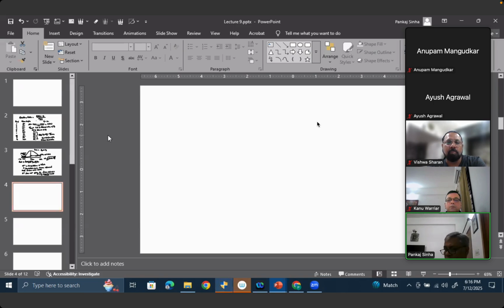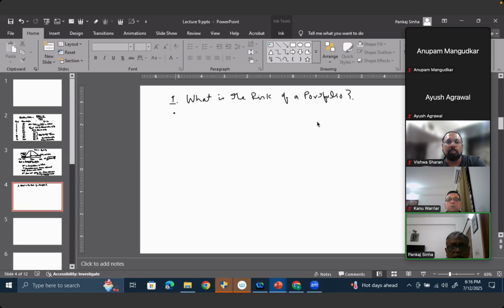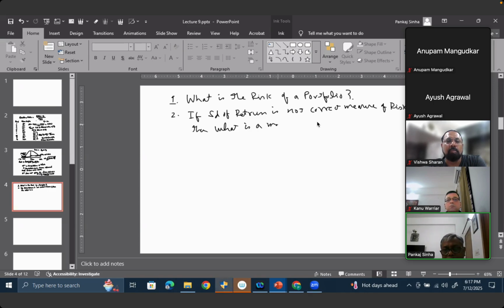So what is the risk of a portfolio? First question is this: if the SD of return is not a correct measure of risk, which till date everybody in 9 classes you were just saying SD of a return is a risk, is not a correct risk, then what is a measure of risk?